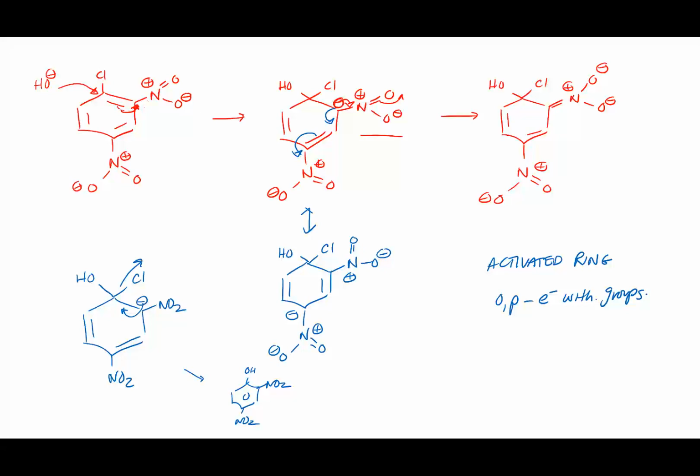I would not ask you to write the hybrid. So this is what happens with an activated ring and nucleophilic substitution. You can do this with NH2 minus, or with hydroxide, which is typically how it's done. So that's nucleophilic substitution with an activated ring.